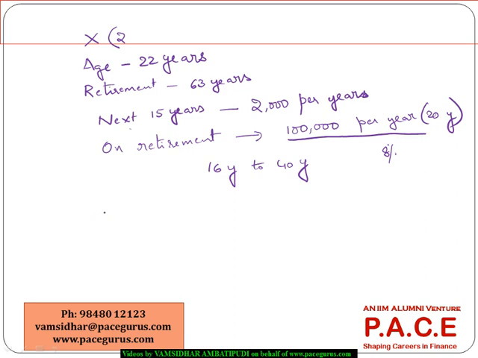Because if you see here, let's start right now. We are at time 0, where the age of the person is 22 years. From here to, let's say, 15 years, at the end of every year the person is contributing 2,000 per year.